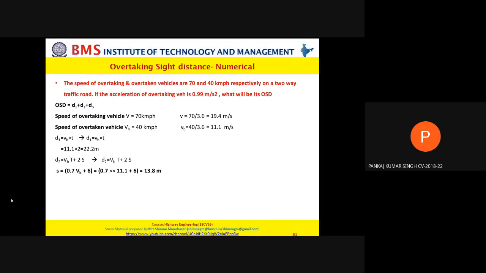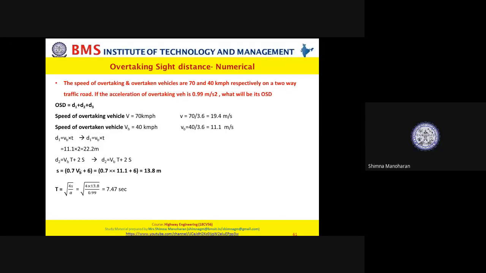Yes, ma'am. Do you get the value for S here? I'm calculating, ma'am. It shouldn't take that much time. You just have to multiply 0.7 into 11.1 and then add 6. Ma'am, 13.84. Yeah, good. 13.84 meter.